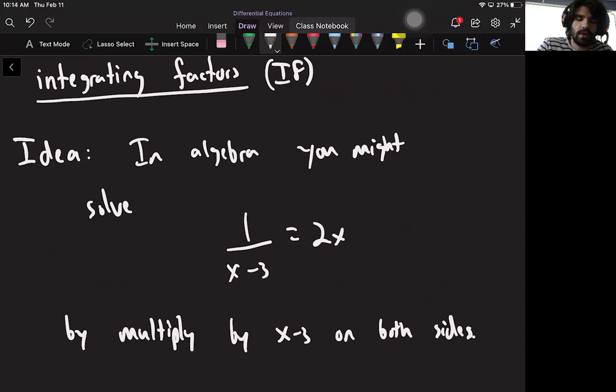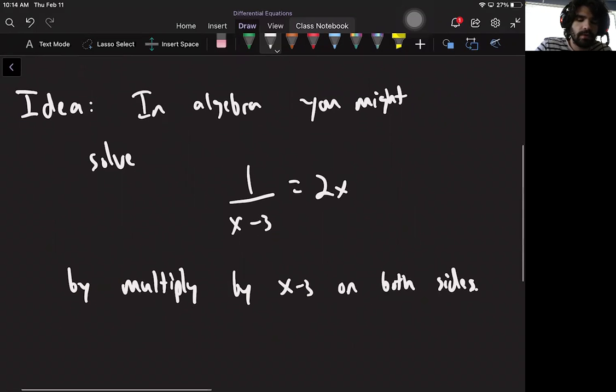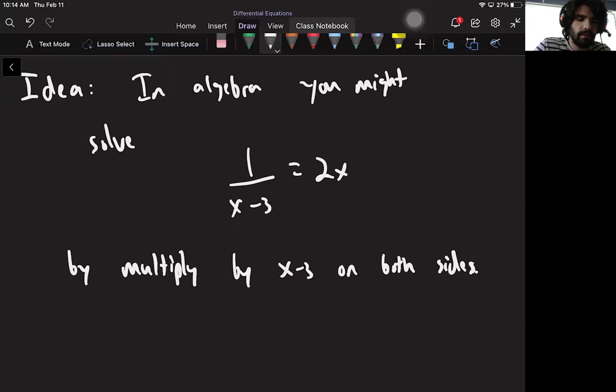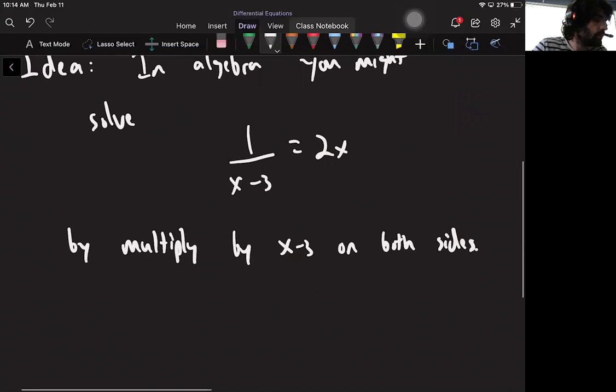And doing so doesn't actually change the equation, just writes it in a different form, in a more helpful form. So that's the idea with integrating factors. You make your differential equation easier by multiplying by something.